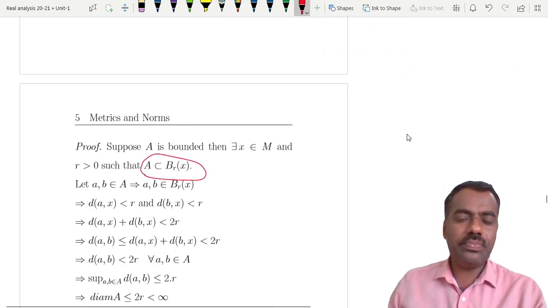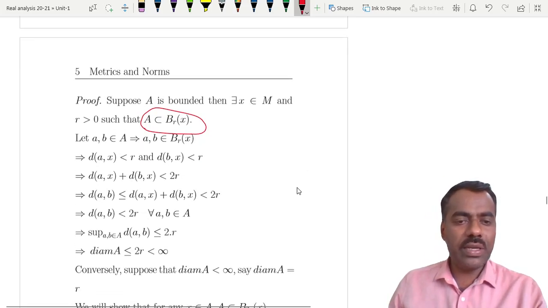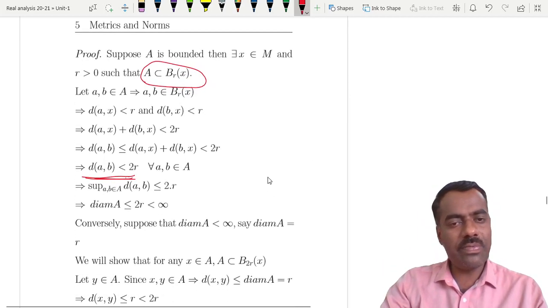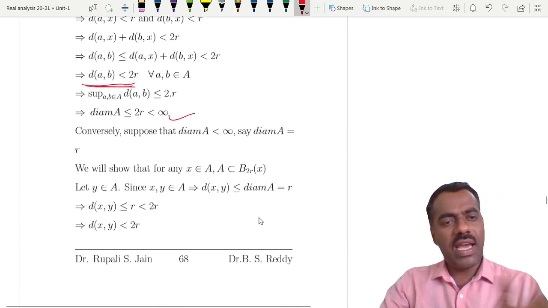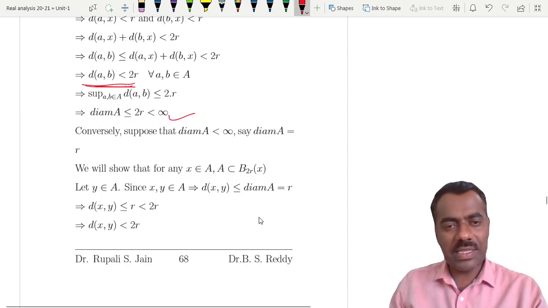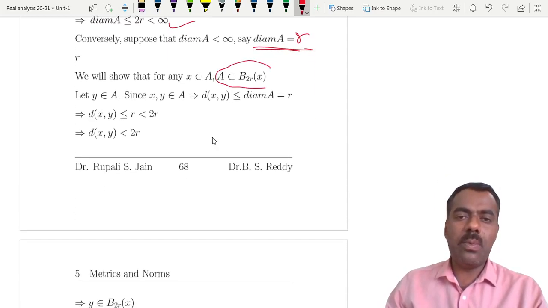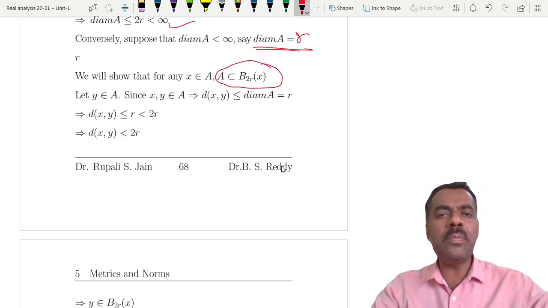Then use the triangle inequality several times. What you can show is that d(a, b) is less than 2r for whatever a, b may be from A. So the supremum is also less than or equal to 2r, which is finite. So the diameter is finite. And if the diameter is finite, say it is equal to r, then we can show that A is contained in the ball around x of radius 2r, where x is any point of that set.